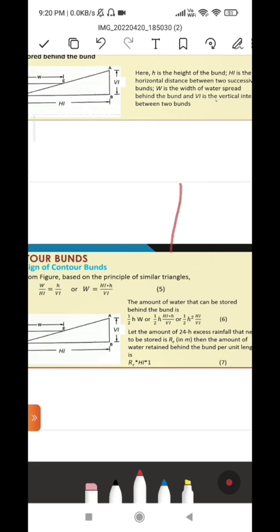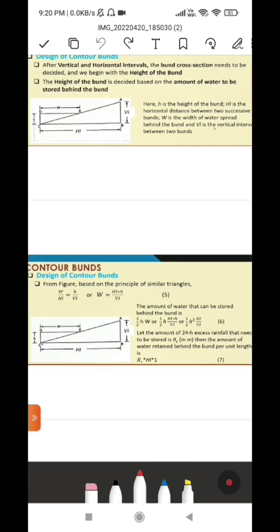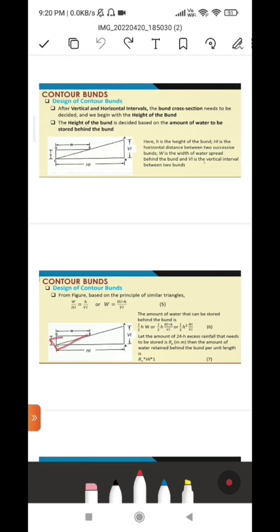Now if we talk about the amount of water that can be stored behind the bund, as we can see, this is a triangle, and the amount of water stored in this would be half height into base, so half h into w.